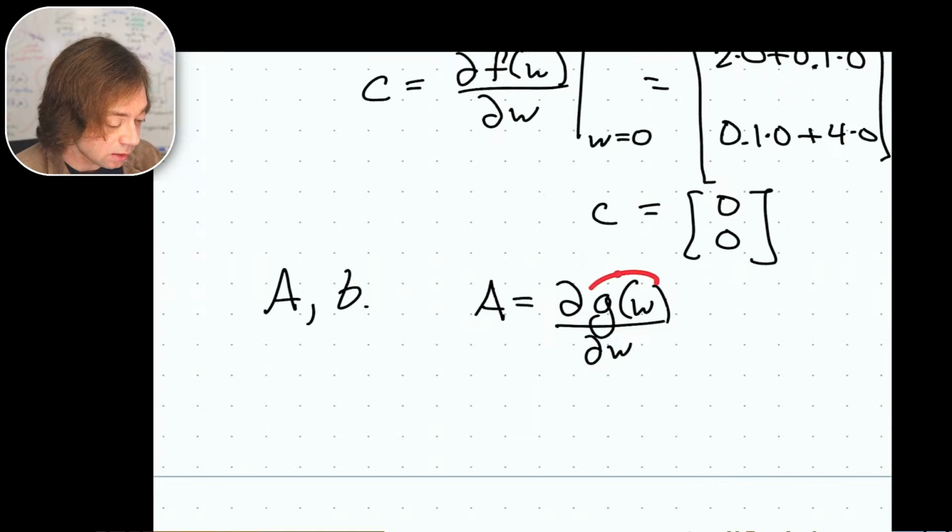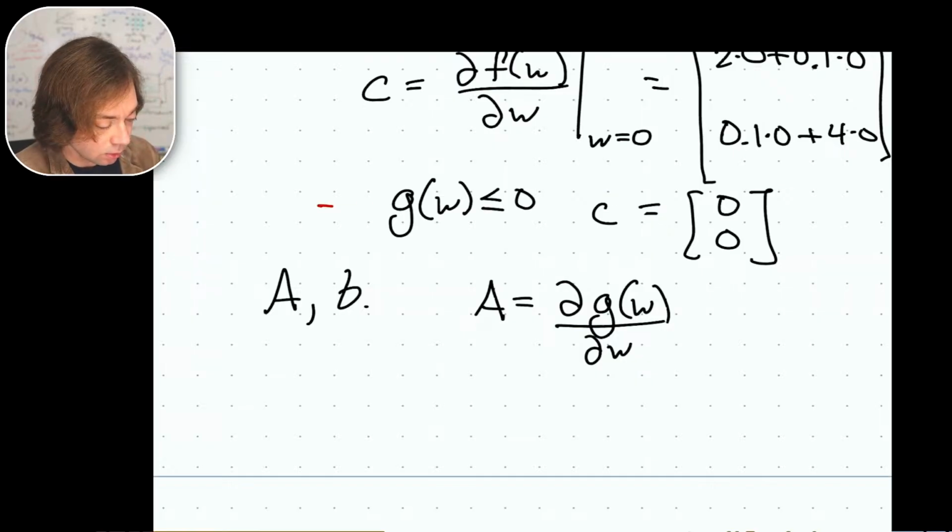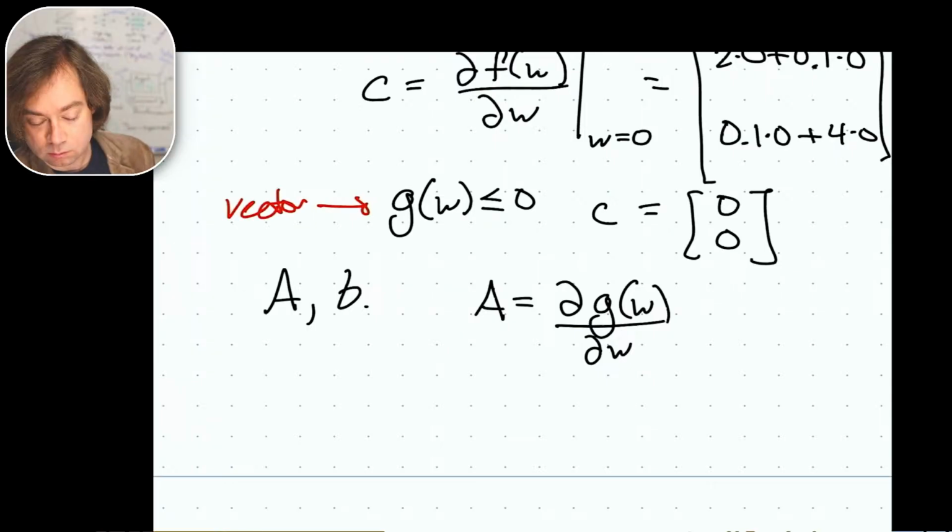And because your constraints G of W are less than or equal to 0, this can be a vector. Thank you. No, you're good. You're fine.